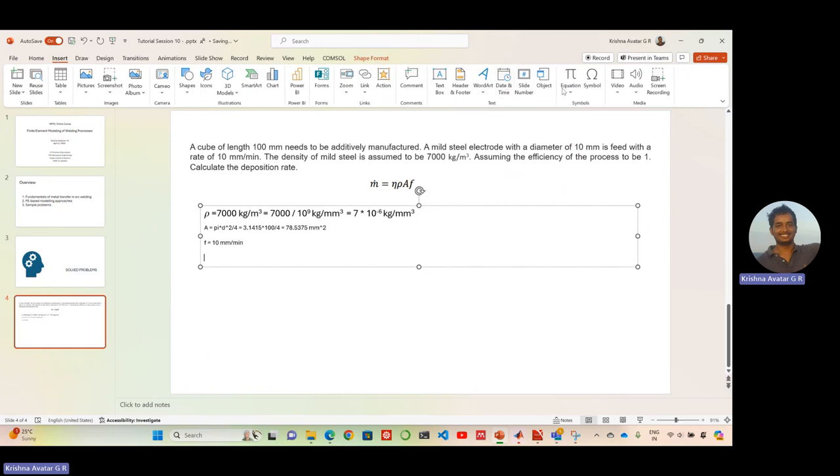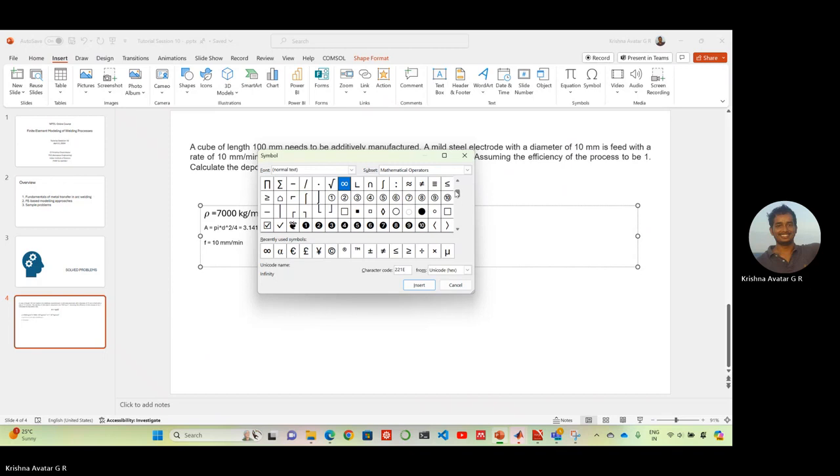We're looking for the eta symbol, so let's just take beta for now.